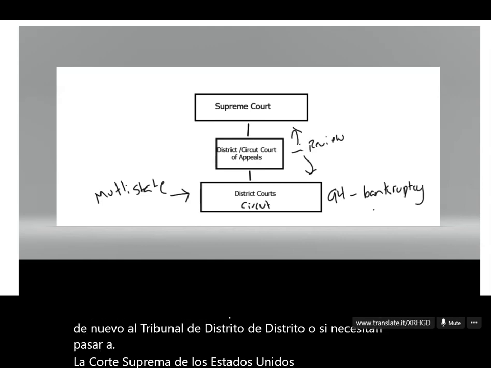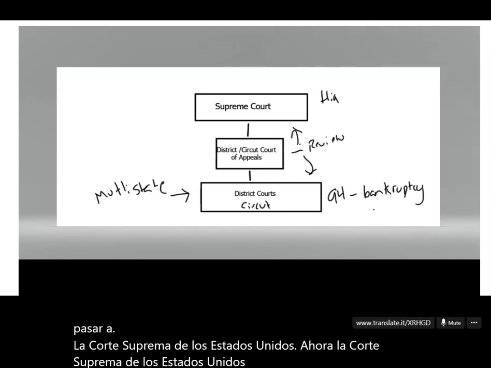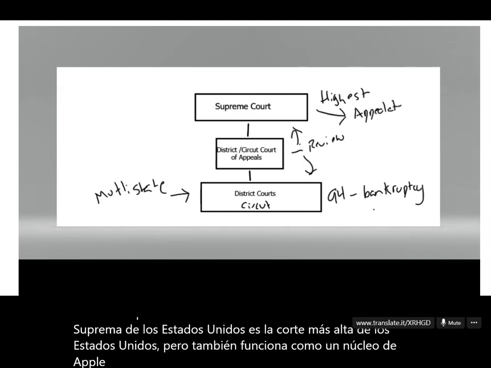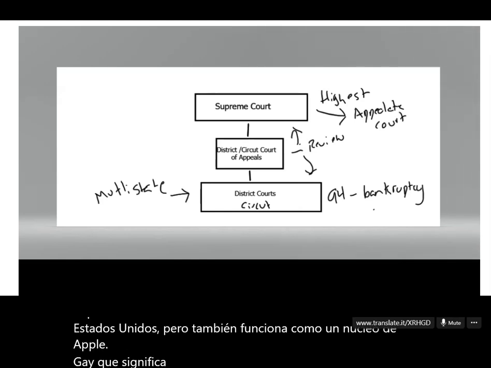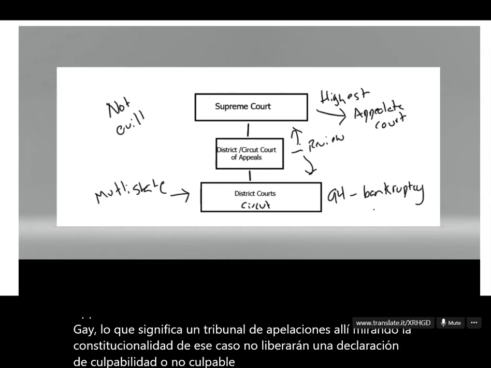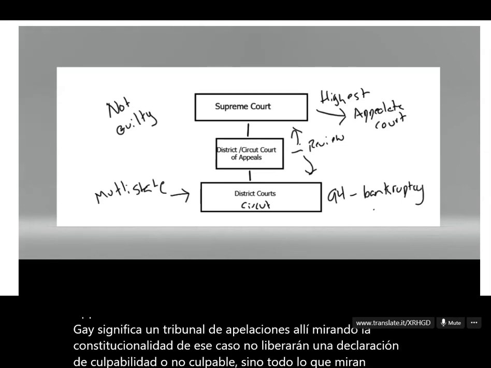Now, the Supreme Court of the United States is the highest court of the United States, but it also functions as an appellate court, meaning a court of appeals. They're looking at the constitutionality of that case. They will not release a guilty or not guilty plea, but all they look at is the constitutionality of that case.